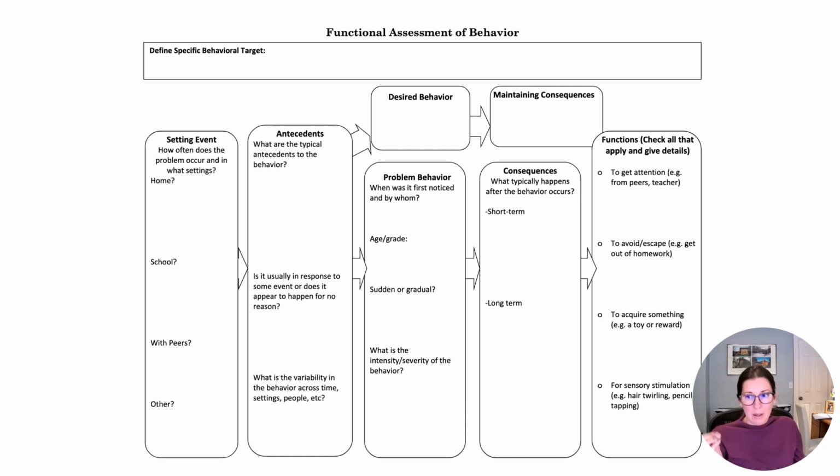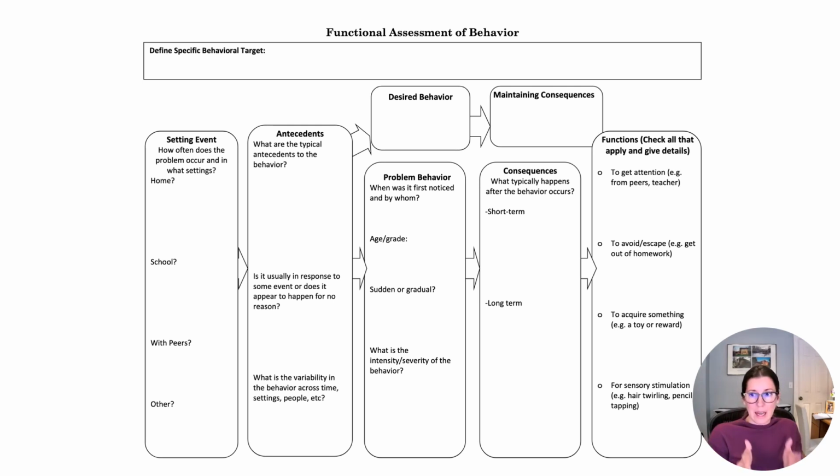And what would help to keep that more desirable behavior going? Meaning, what's the maintaining consequence? What would keep that going? Anybody can go to the gym once or can tell the truth once, but what would keep that happening over and over again? I'm going to jump back down to the next column beside problem behavior.